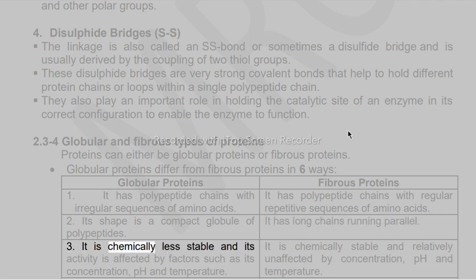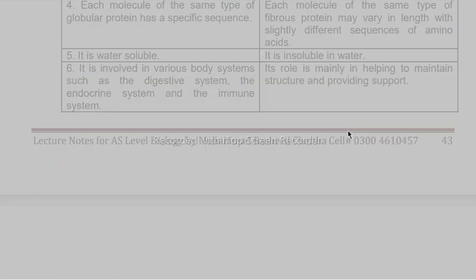3. It is chemically less stable and its activity is affected by factors such as its concentration, pH and temperature. It is chemically stable and relatively unaffected by concentration, pH and temperature. 4. Each molecule of the same type of globular protein has a specific sequence.